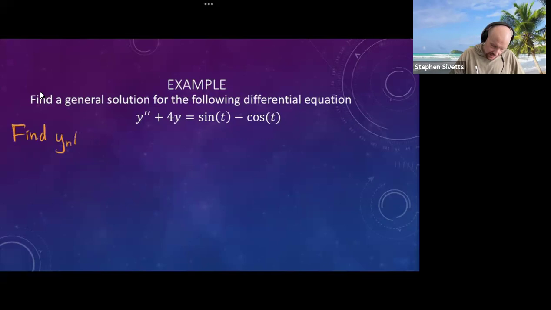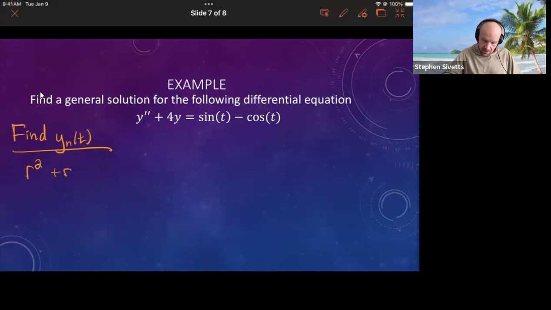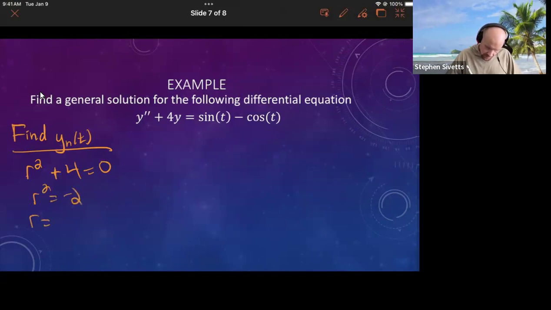First of all, we want to find y sub h of t. That would correspond to solving the characteristic equation, r squared plus 4 is 0. So r squared is equal to -4. So r is equal to plus or minus 2i.